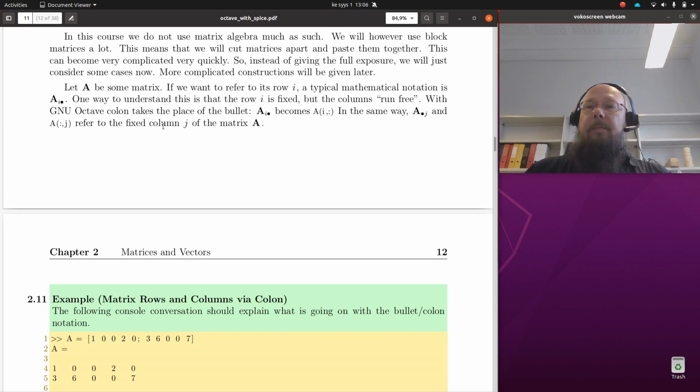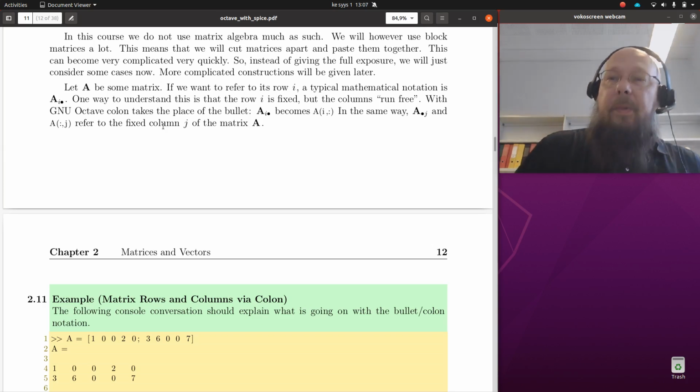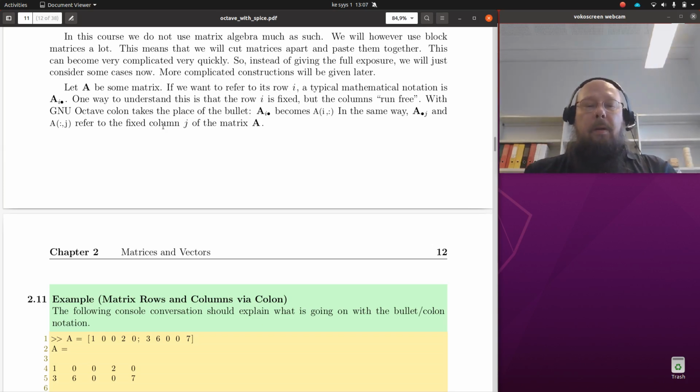The mathematical notation is sometimes more convenient and more compact, but of course then there is the heavy duty of learning two notations. But this is the way it's usually done, so I don't want to change the tradition at this point. In any case, to understand what was just said, let us have an example.